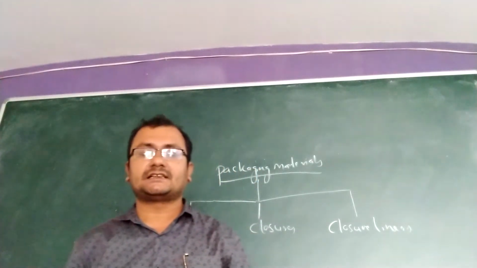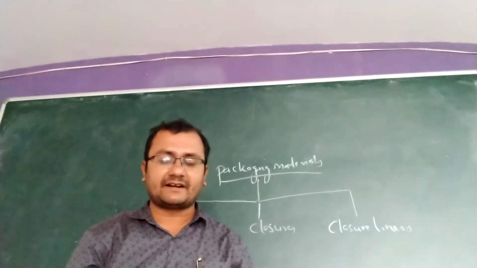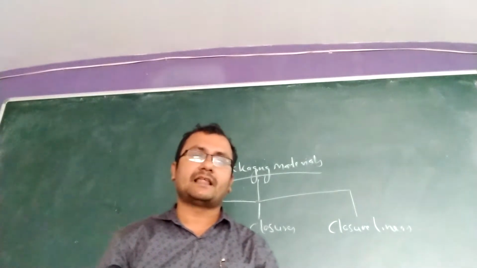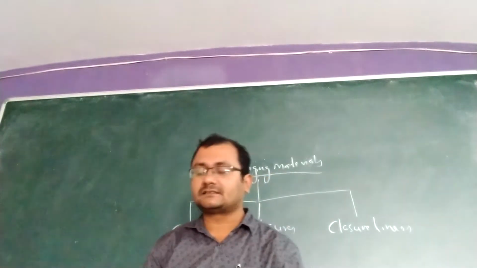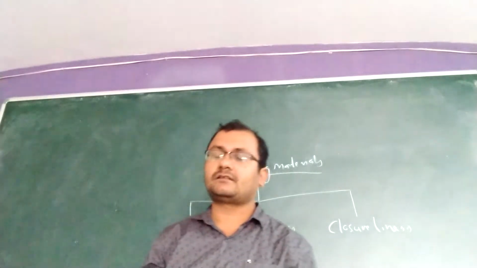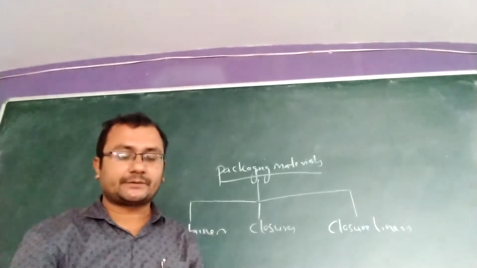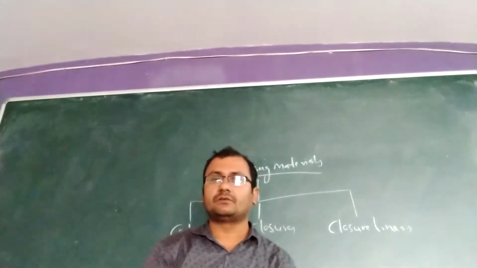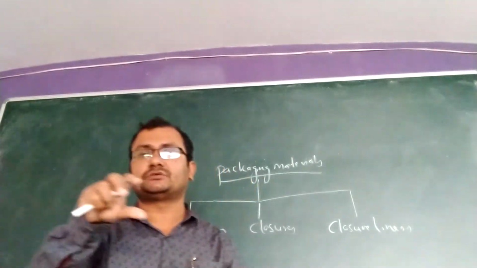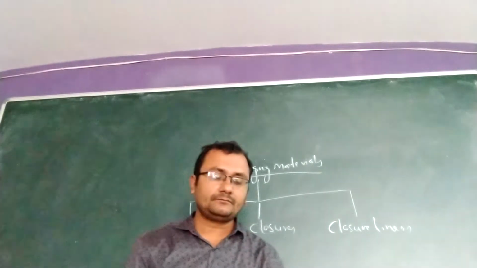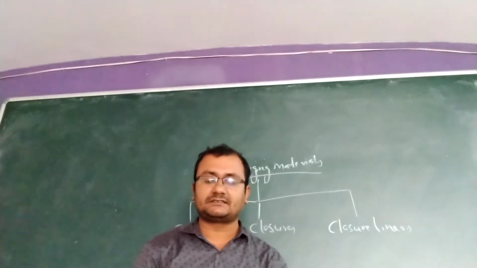Like that, closures also may be of different types like cork, plastic, glass, metal, rubber. Like that, different types of closures we are using. Like that, closure liners are also used. Closure liners means which will seal the closure. So let us discuss containers.